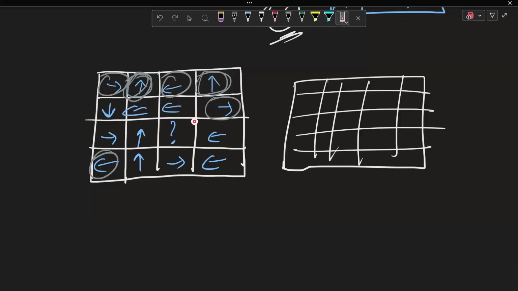Whenever we reach a left, right, up or down arrow in my BFS traversal, by looking at its arrow we can analyze whether we want to insert it into our queue or not. That depends on whether its arrow is pointing opposite, towards where I'm coming from. If it is pointing there, then I would include it.